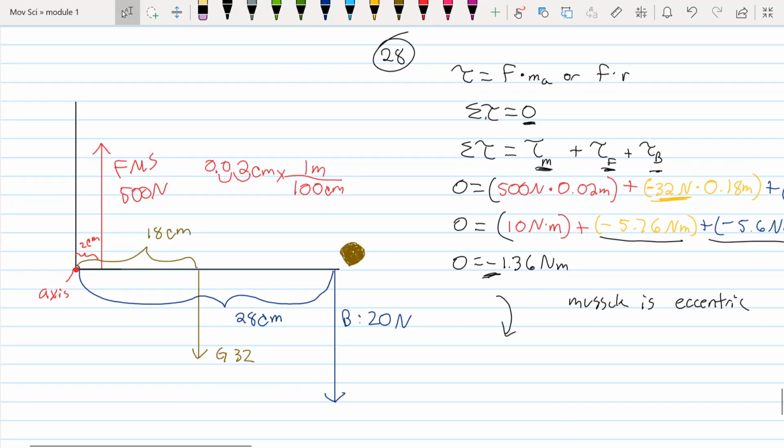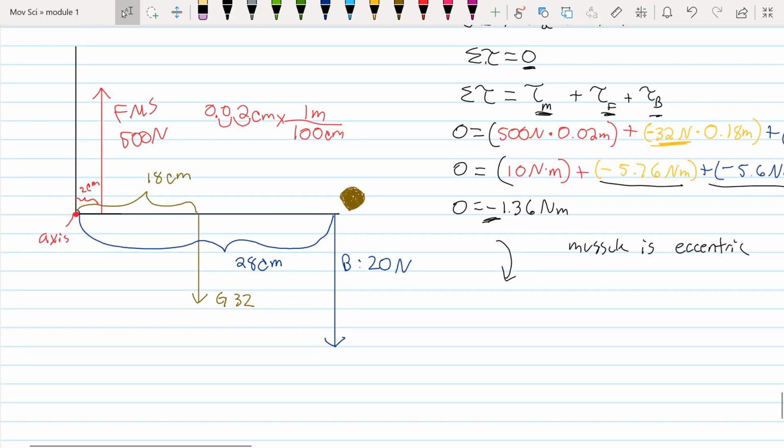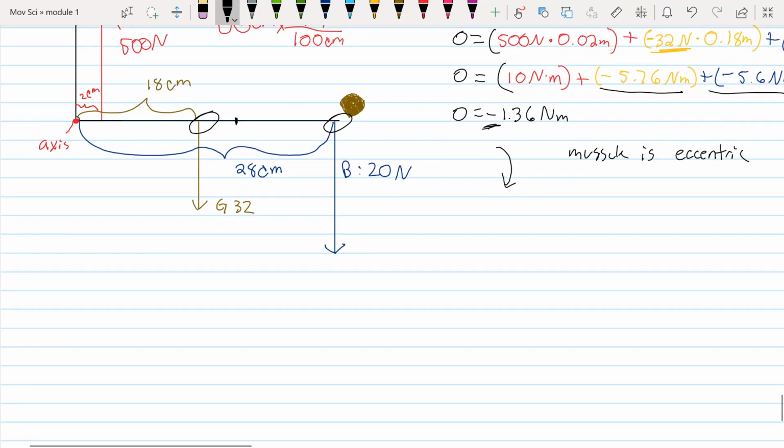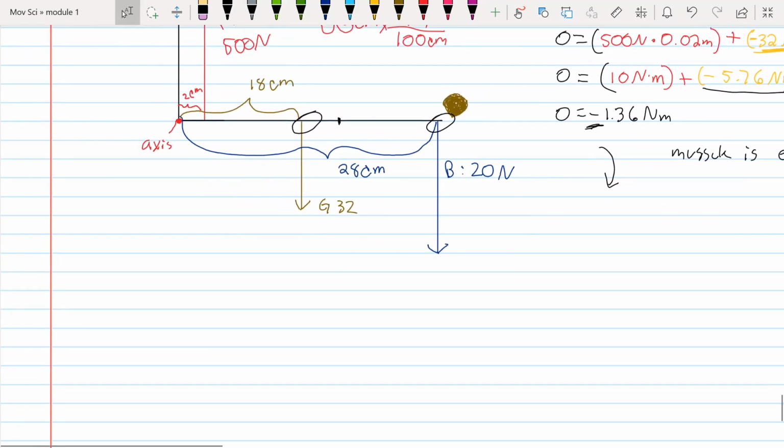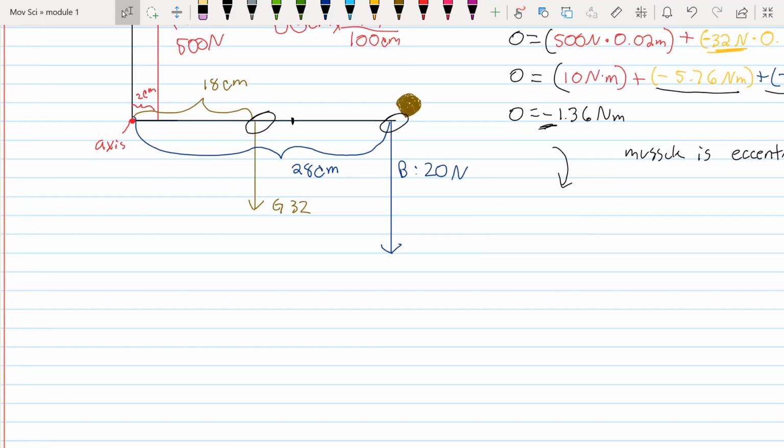Now, the mechanical advantage takes some calculations. You can't just use the distance on this one because you've got 2 different forces. Now we know that the mechanical advantage is going to be somewhere in between these 2 vectors. So if we calculate the force to make it isometric, that's how we can calculate the mechanical advantage.